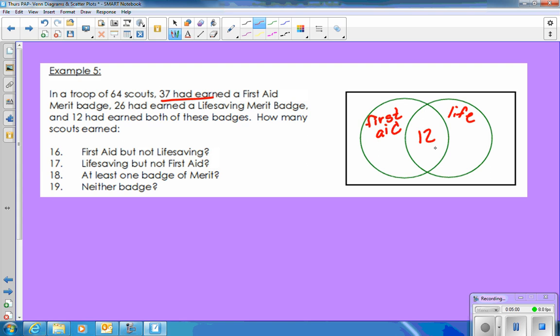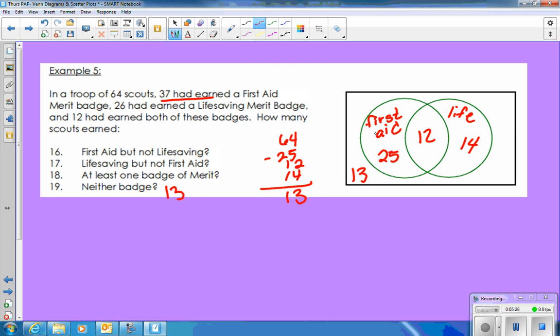There's already 12 here, so 25 should be outside. 26 should be in this circle. There's already 12 here. So 14 should be there. 64 total. We've already taken care of 25, 12, and 14. So when I subtract all those values, I get 13 left over. Those are the ones that got neither.